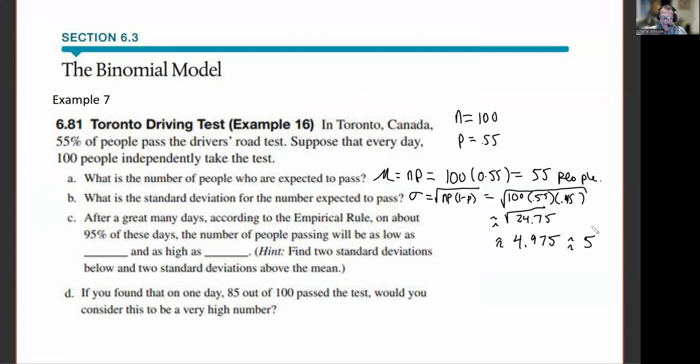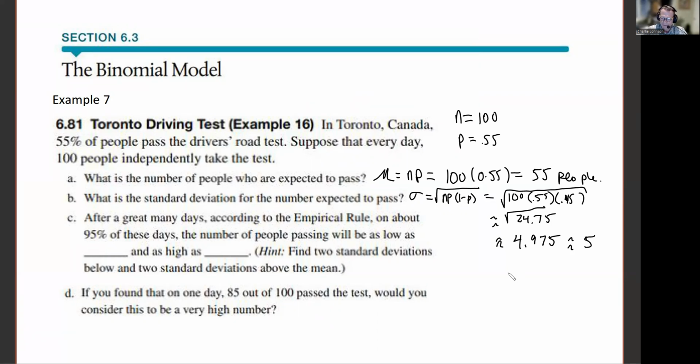In fact, letter C says after a great many days, according to the empirical rule, on about 95% of these days, the number of people passing will be as low as blank and as high as blank. So remember, the empirical rule says that 95% contains 2 standard deviations below and 2 standard deviations above the mean.